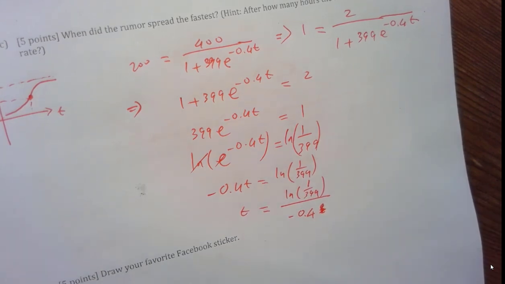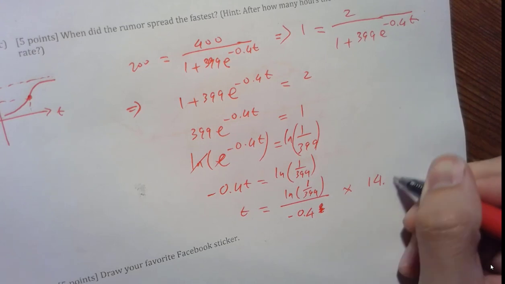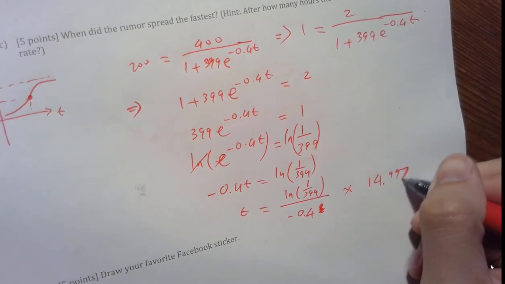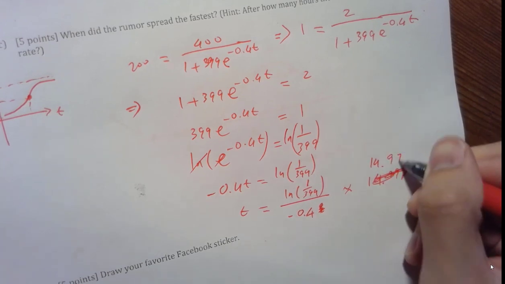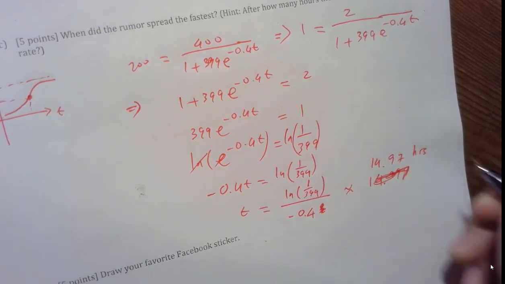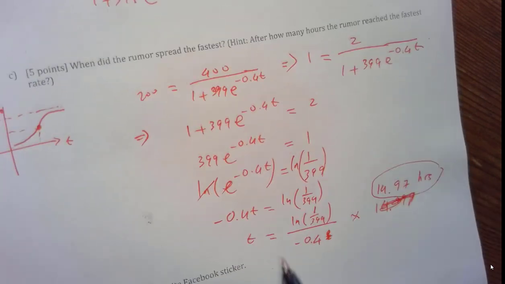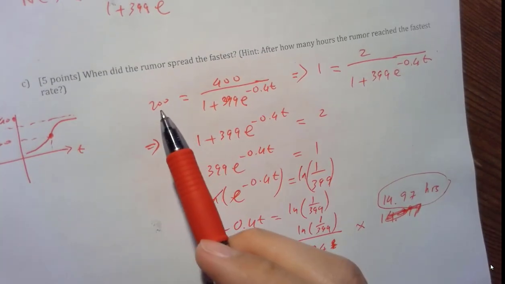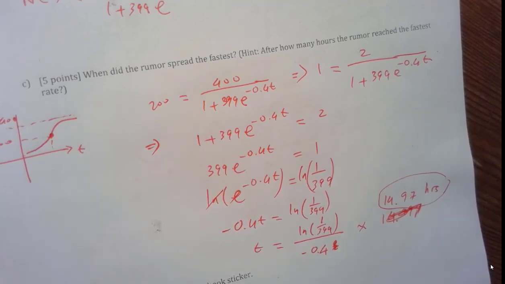We are solving for t, and that should give me around 14.97. Sorry, 14.97 hours. So at this hour, there should be 200 people that heard the rumor, or that is the time the rumor spreads at the fastest rate.